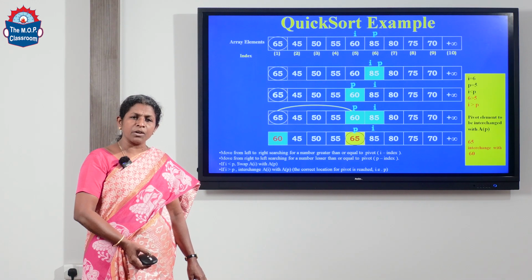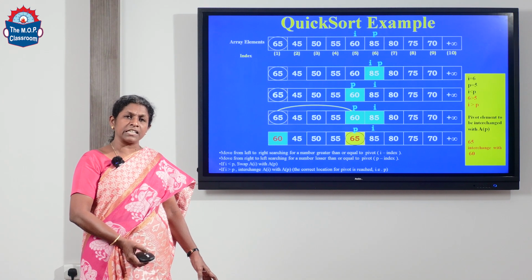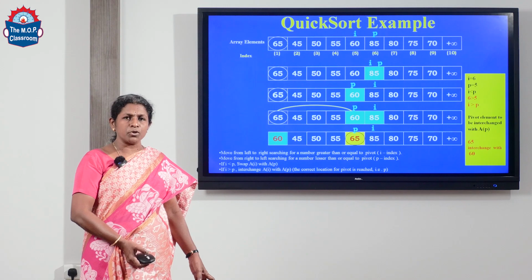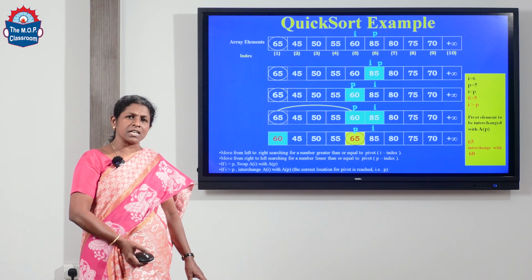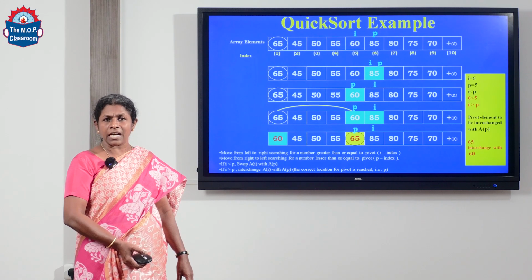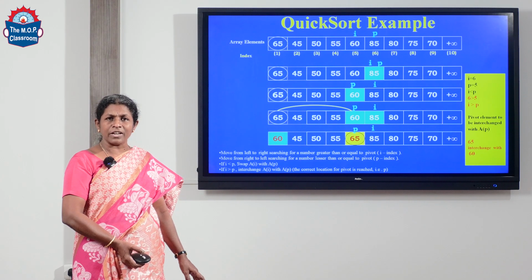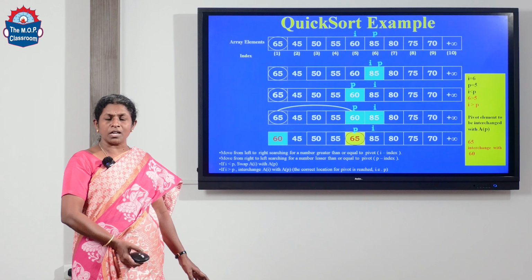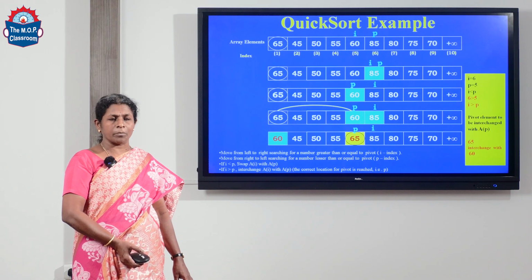Suppose you are working with 2-digit numbers, place a 3-digit number in the last place. Suppose you are working with 3-digit numbers, place a 4-digit number in the last place. That is why infinity has been placed in the last place. Because when I scan from left to right, I am searching for a number which is greater than 65. Suppose all are less, I will not have a stopping point.